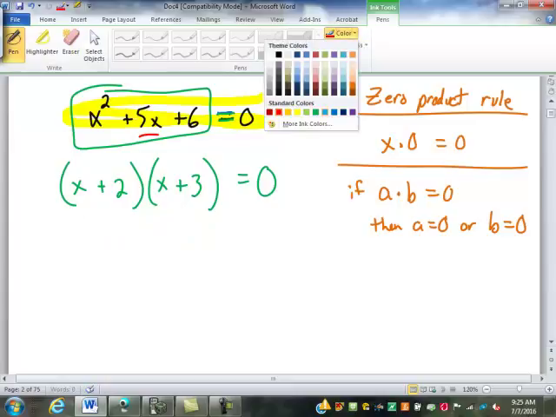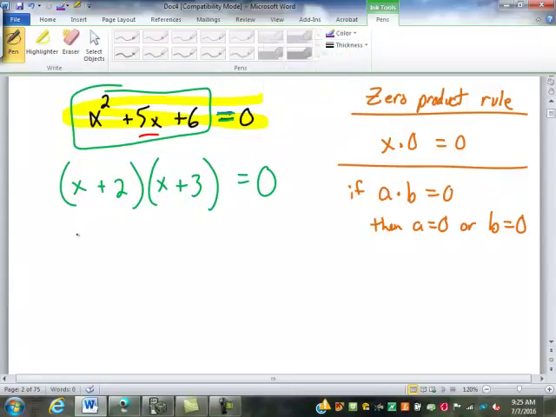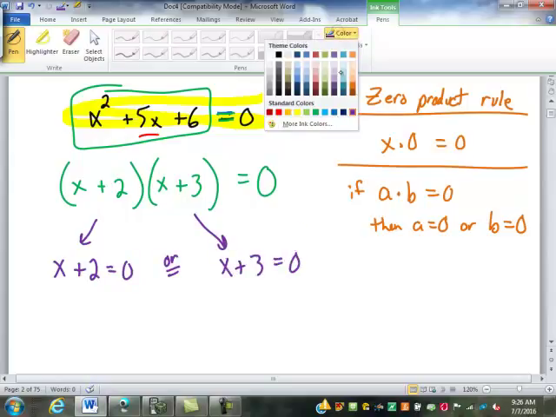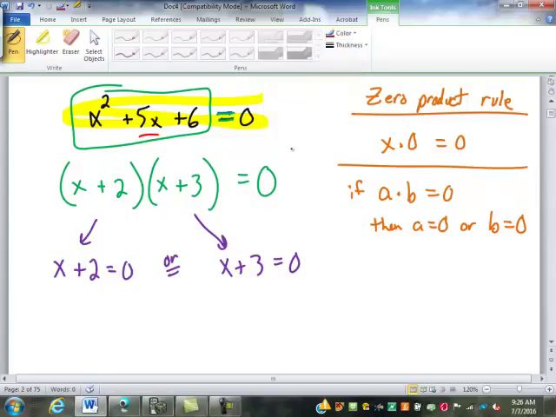So what this is telling us here is that either x plus 2 has to equal 0, or x plus 3 has to equal 0. Can we solve either of those equations? Yeah, we can solve both of them. Each of them can be solved.